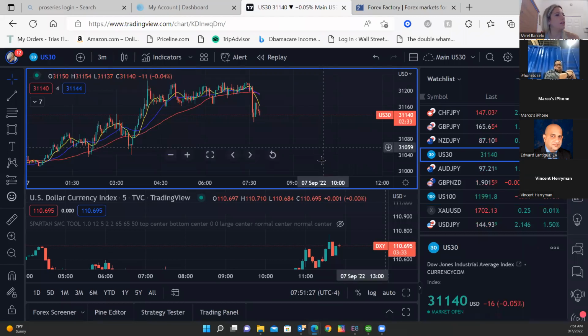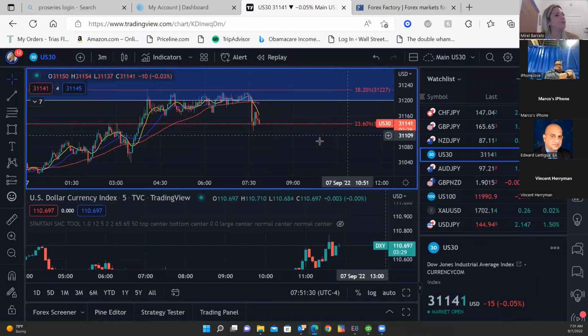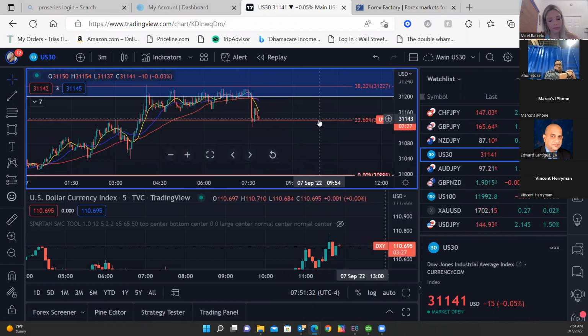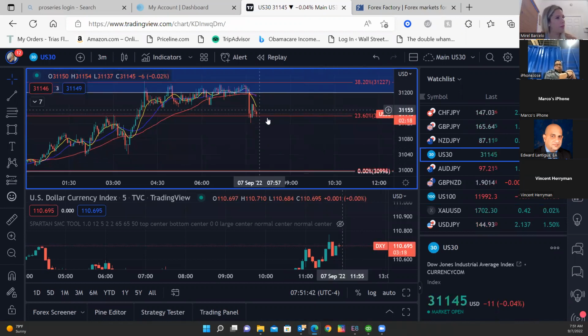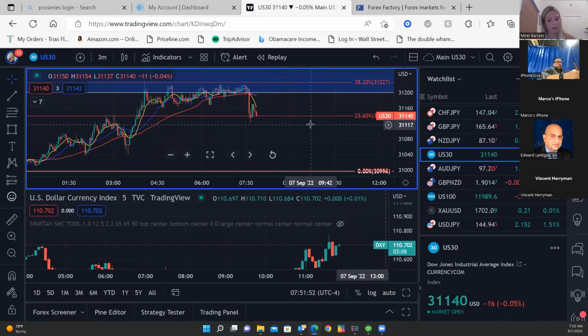US30, let's take a look again. If she fully takes on this level, I should be in profit on my trade at this point. No, I'm not in profit. You're also going to notice that depending on the broker you use, there's a slight discrepancy in pricing.